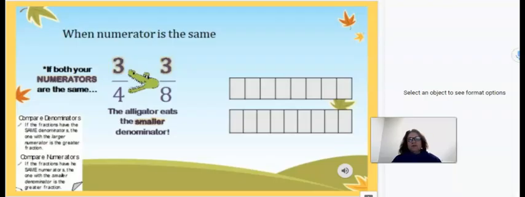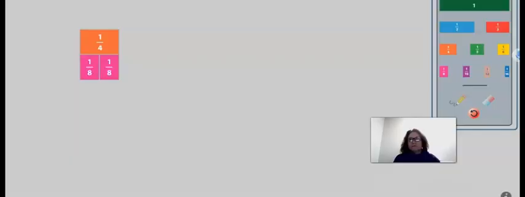All right, but what do you do when the numerator is the same and the denominators are different? Okay, well, think about it. Fourths are greater than eighths in size, right? They're twice the size of eighths. So you see that eighths are half of the size of fourths. Or you could say fourths are twice the size of eighths.